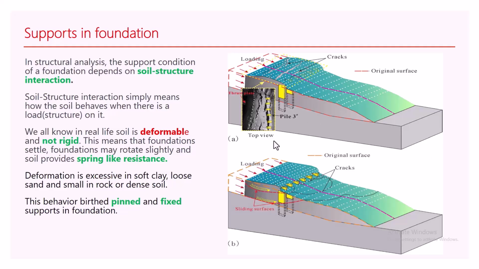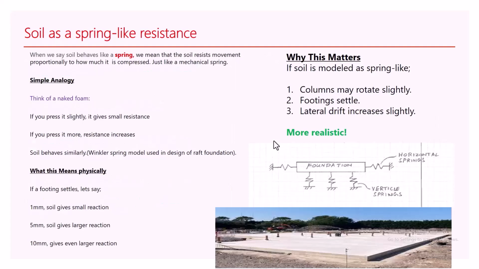All right. So now, what does it mean that soil has a spring-like resistance? When we say soil behaves like a spring, we mean that the soil resists movement proportionally to how much it is compressed, just like a mechanical spring. Let's look at an analogy: think of a foam, like your bed.